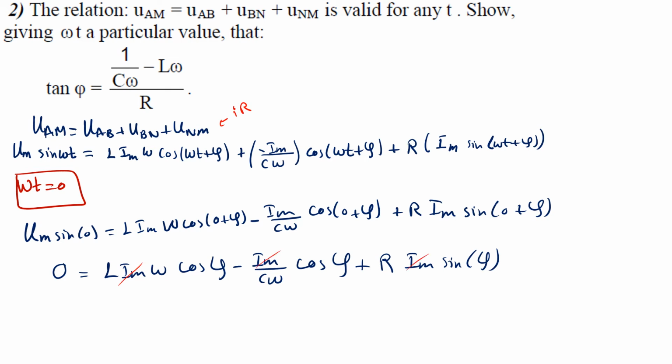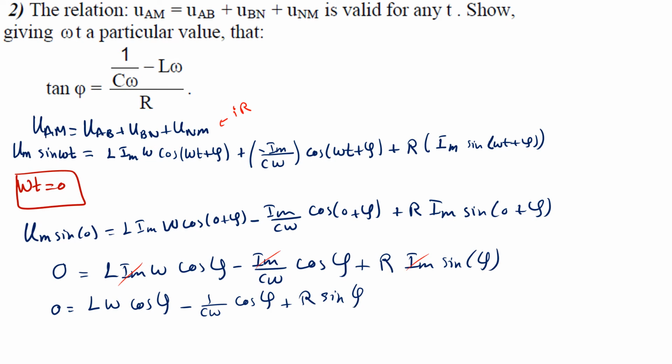Now you'll get the formula as 0 is equal to L omega cosine phi minus 1 over c omega cosine phi plus R, without Im, Im is not there anymore, sine phi.